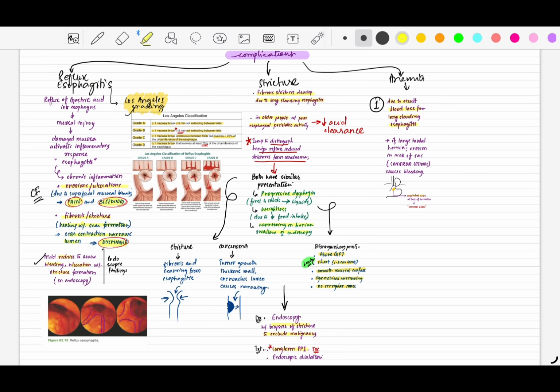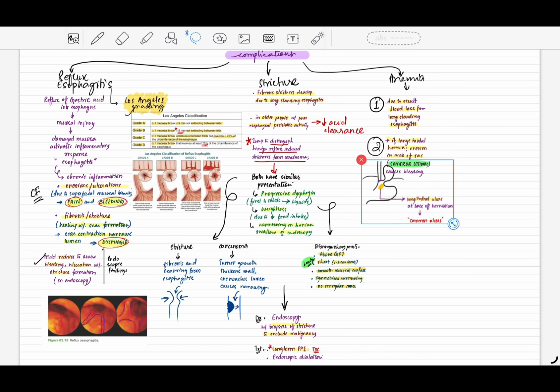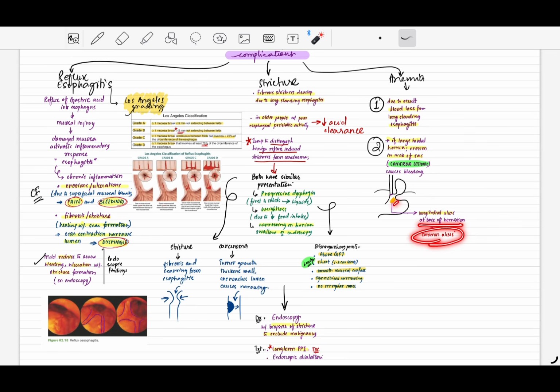The second cause is that large hiatal hernias cause erosion in the neck of the sac, and these are known as Cameron ulcers. We can see it in the picture as well: in cases of rolling esophageal hernia, we have longitudinal ulcers at the base of the herniation, known as Cameron ulcers, that bleed, causing anemia.